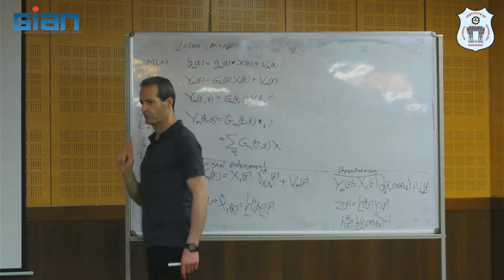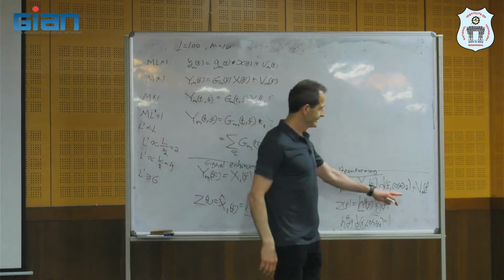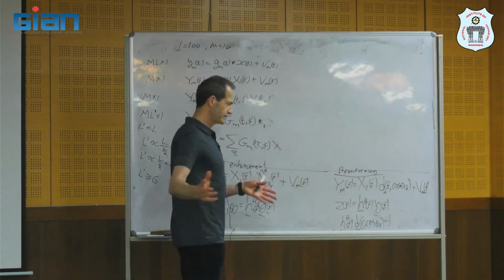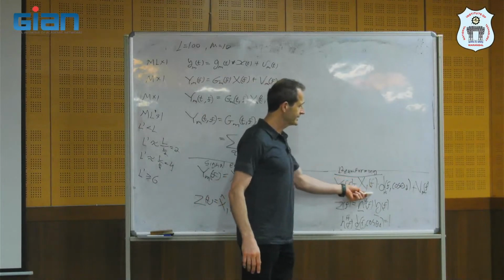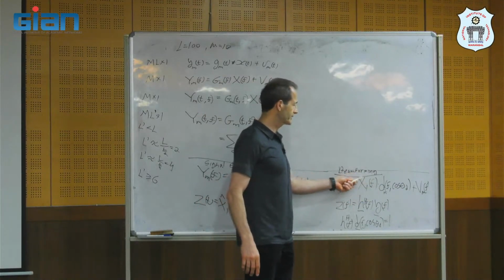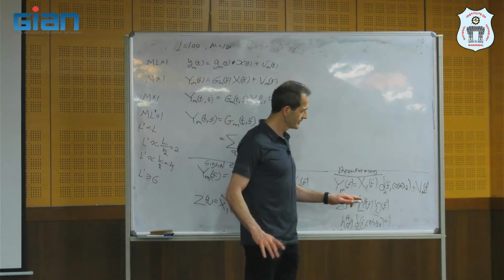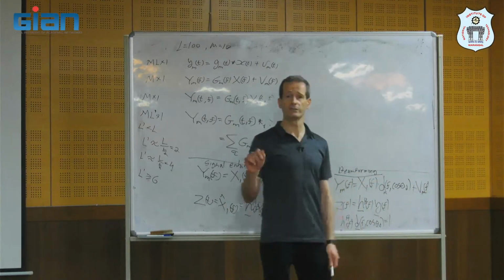With fixed beamforming, I don't know the environment, which means I don't know the relative transfer function. I don't know the statistics of the signal, so I don't know the variance of the signal. I don't know the information about the noise.